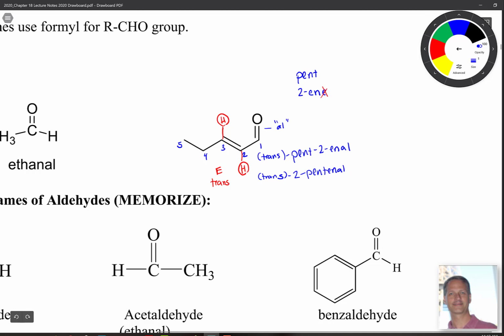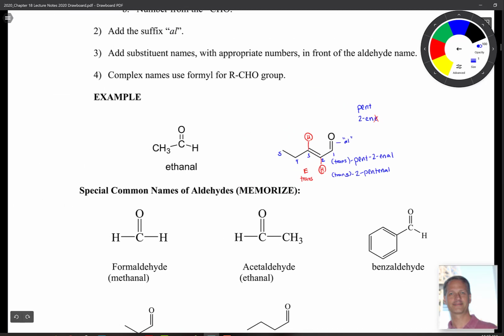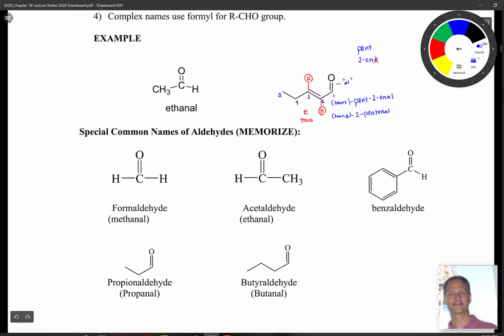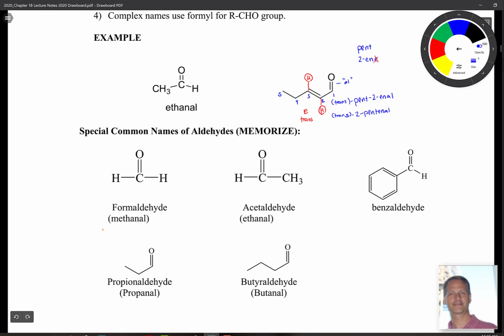Now, there are some common names that we need to be familiar with. So down here below, we have formaldehyde. Right, so the IUPAC name of that is methanal. Ethanal, which we see up above, is usually referred to as acetaldehyde.